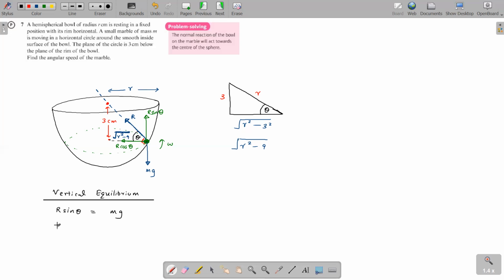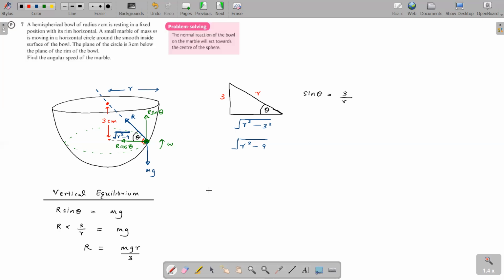So I think we can input the sine theta value. Sine theta is opposite over hypotenuse, right? The opposite is 3, the hypotenuse is r. So we could input that: 3 over r. So normal reaction equals mgr over 3. Right, so I get here the normal reaction is mgr over 3.